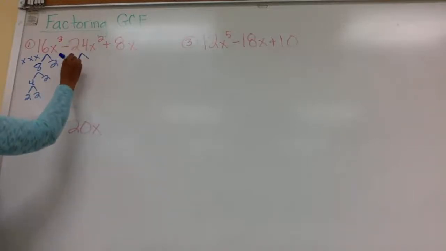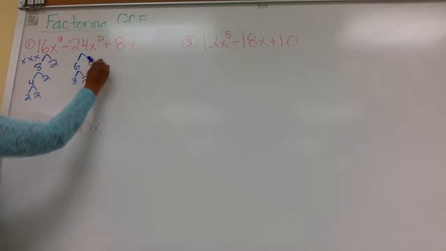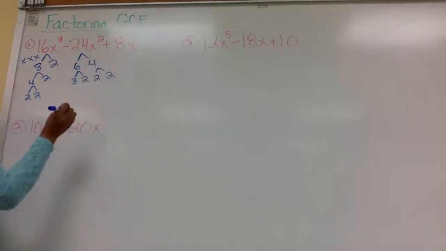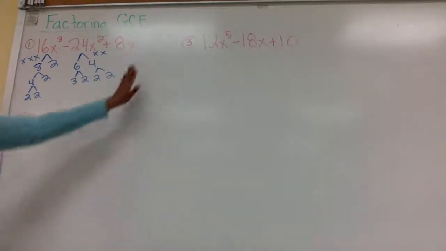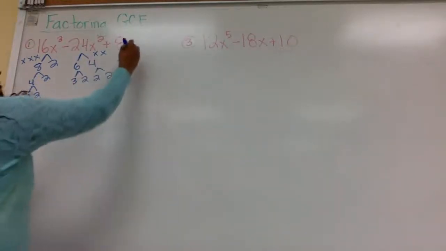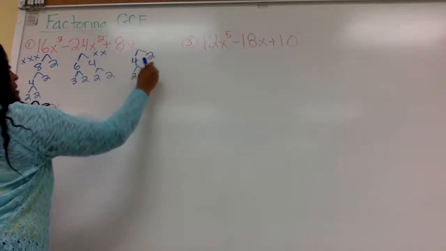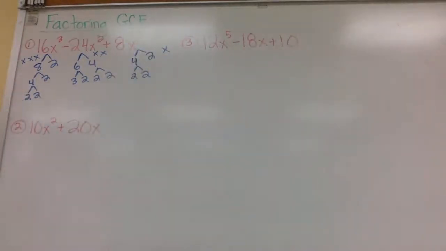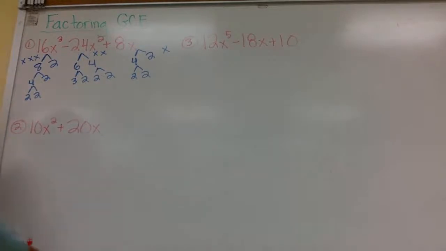I could do 6 and 4, 3 and 2, 2 and 2, and I got 2 x's, x, x. I'm going to break down 8x: that's 4 and 2, 2 and 2, and I got 1 x. So far, all I've done is factor trees. I did 3 factor trees. Make sure you include numbers and variables.